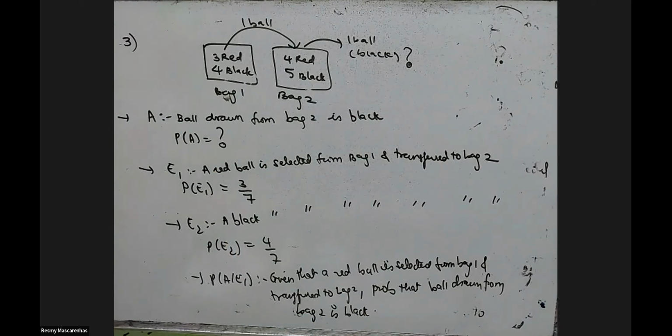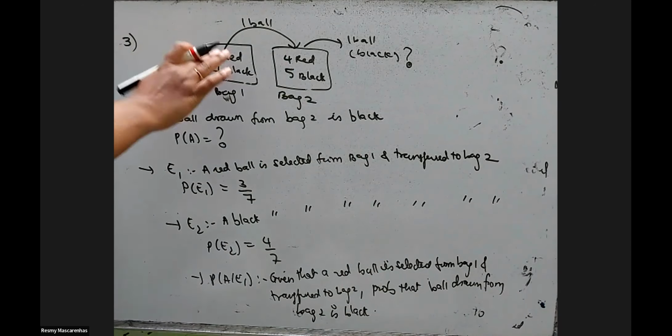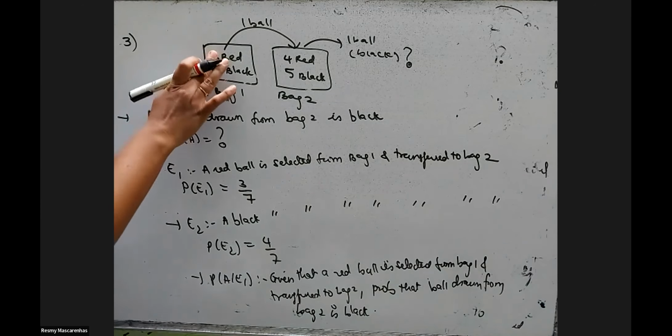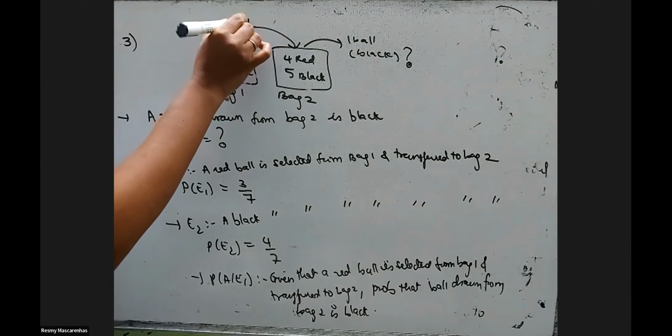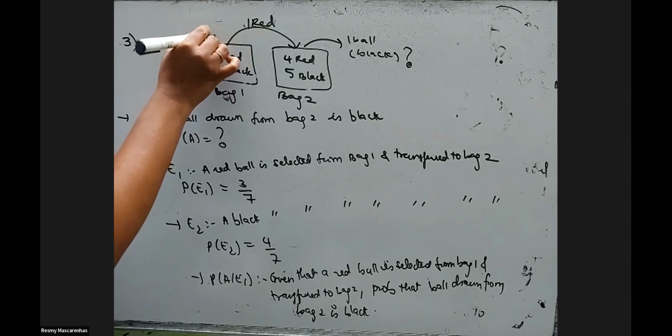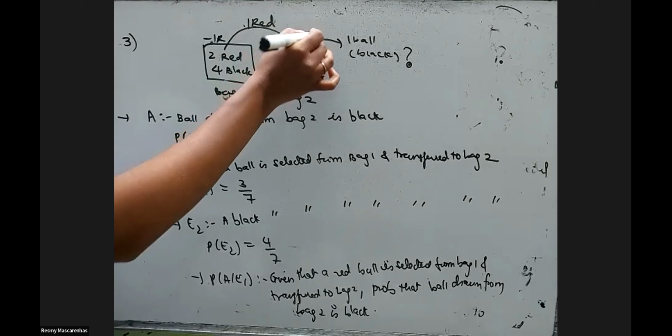Now draw the diagram. Yes, right. After transferring, what happened? Now I'm assuming that red ball is transferred, so there will be 2 red, minus 1 red, yeah, plus 1 red.